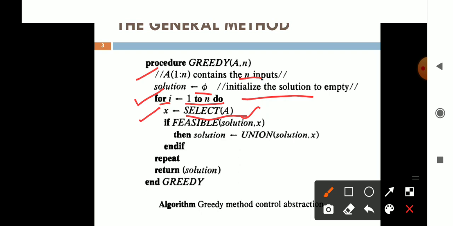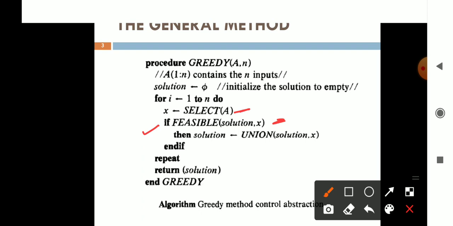Now here we have the next function, that is feasible. What is it checking? Feasible is a Boolean valued function. It may be true or false. So that is the Boolean valued function, which determines if x can be included into the solution vector. That x, that we have chosen from this A, is feasible or not.